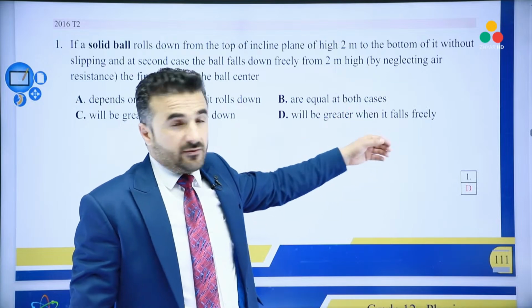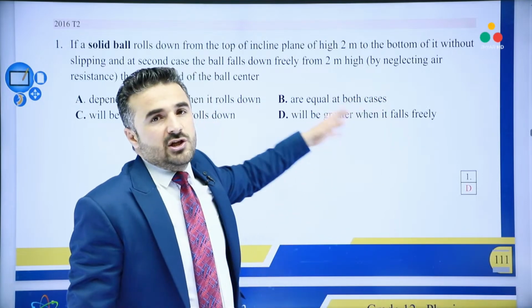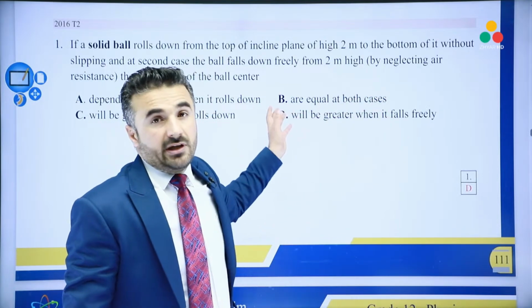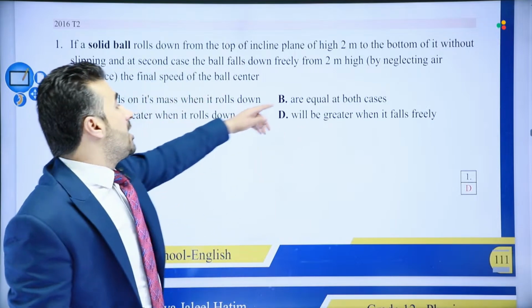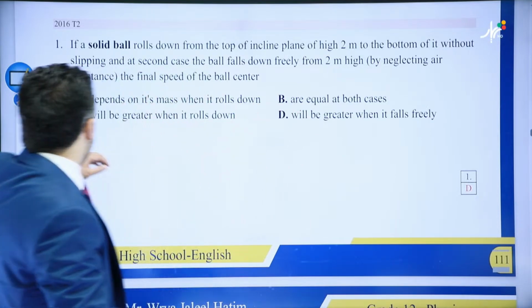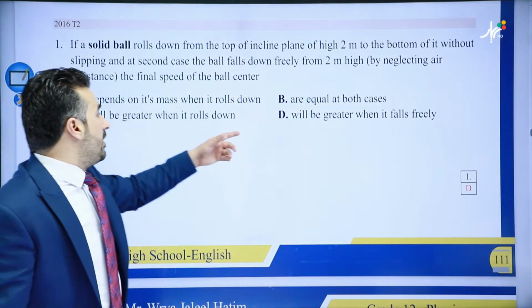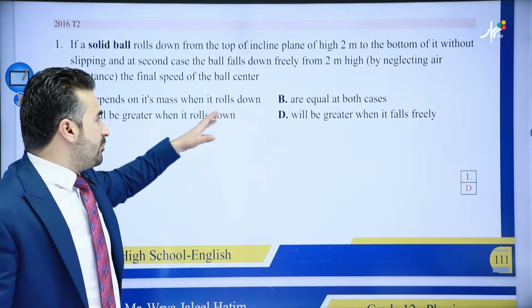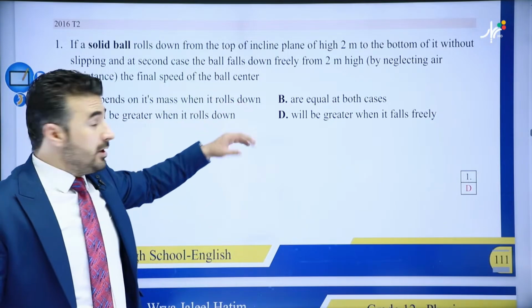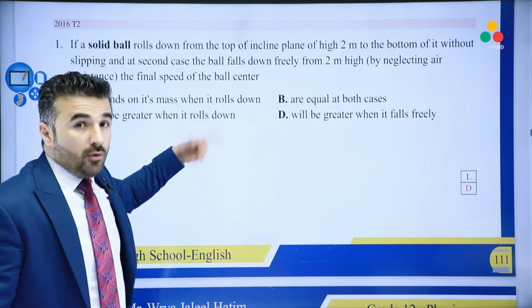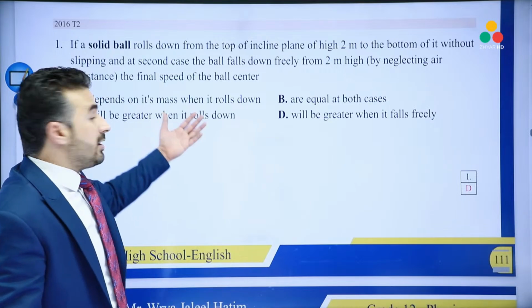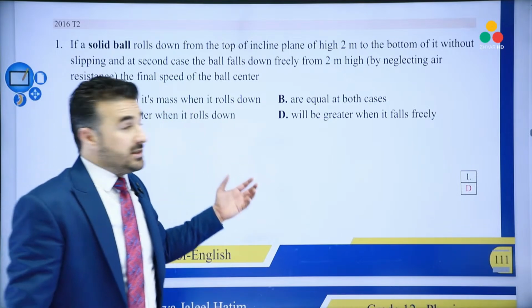The translational speed, of course, will be higher than if it is rolling. So their translational speeds are not equal, of course. It says it will be greater when it rolls down. No, because we said part of the total will convert to rolling. So it's not going to be bigger, it will be smaller indeed, okay?